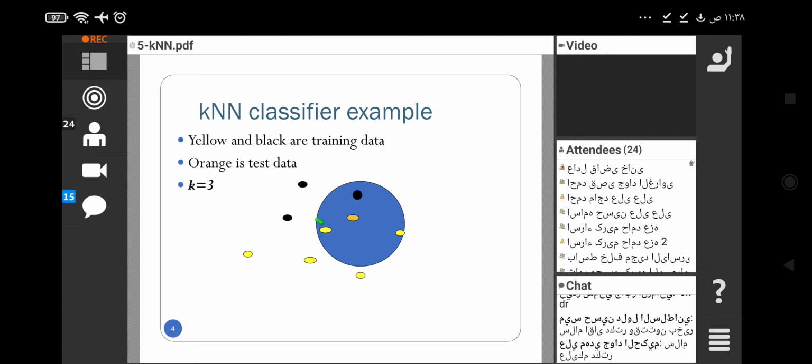We find these are the three neighbors: 1, 2, 3. And in these neighbors, we see that the yellow class has the majority. So we say that for this data, our prediction is yellow. Do you understand this?